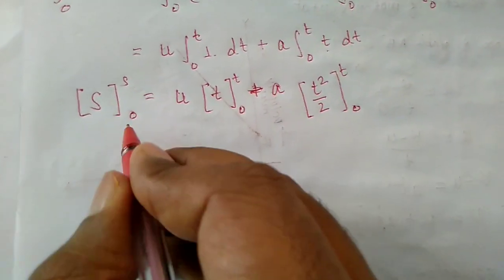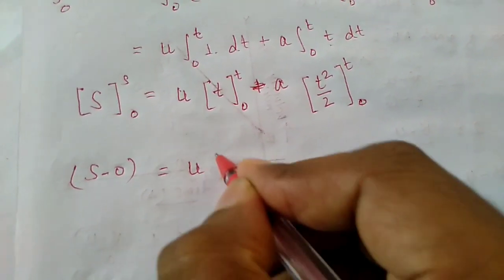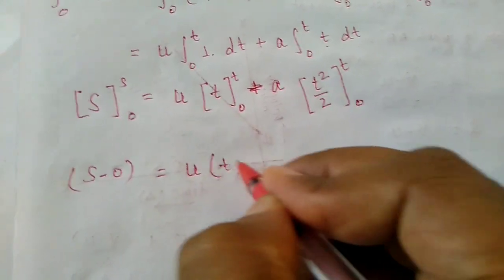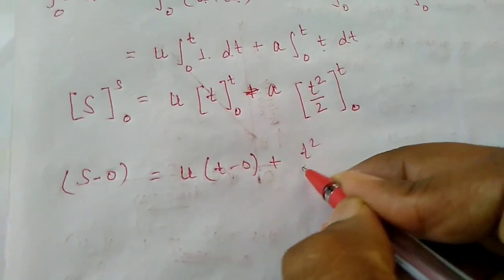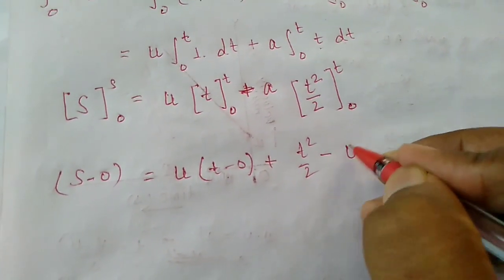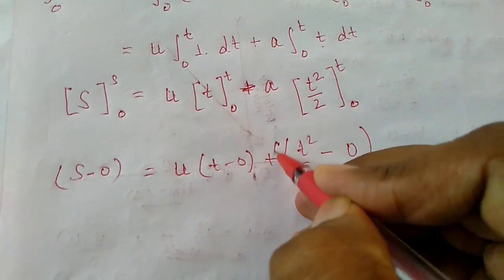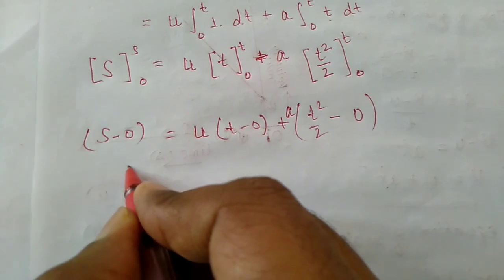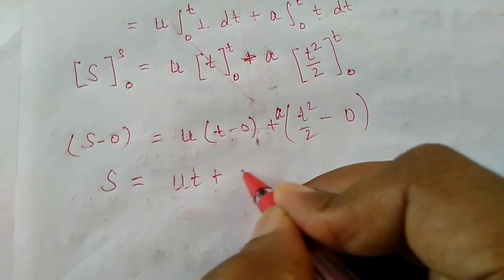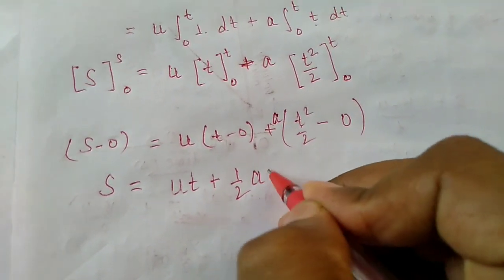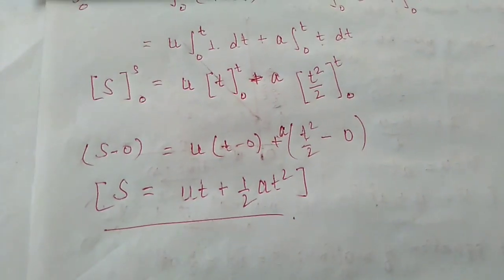This will be upper limit minus lower limit, so s minus 0 is equal to u times upper limit t minus 0, plus a times upper limit t square by 2 minus lower limit 0. Then this will be s equal to ut plus 1 by 2 at square. In this way we have obtained the second equation of motion.